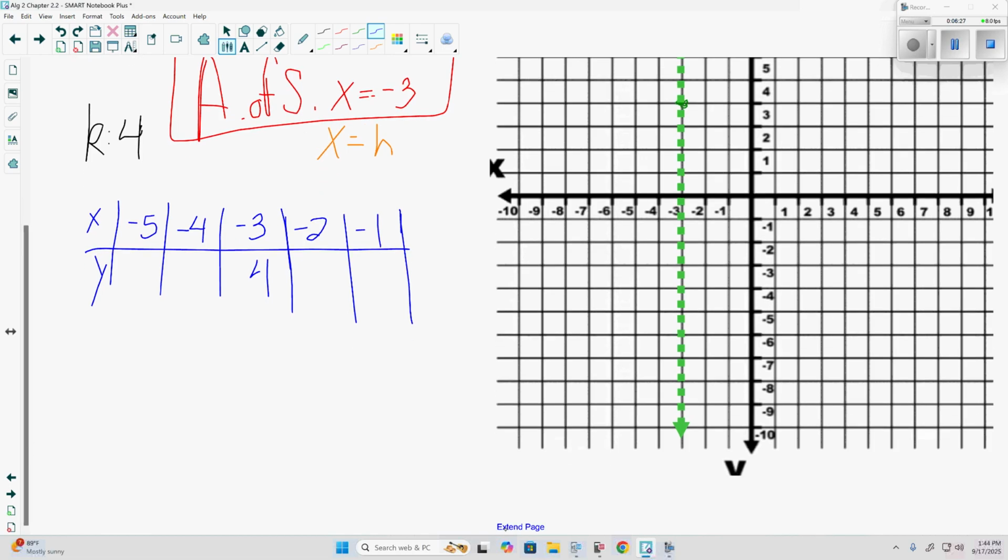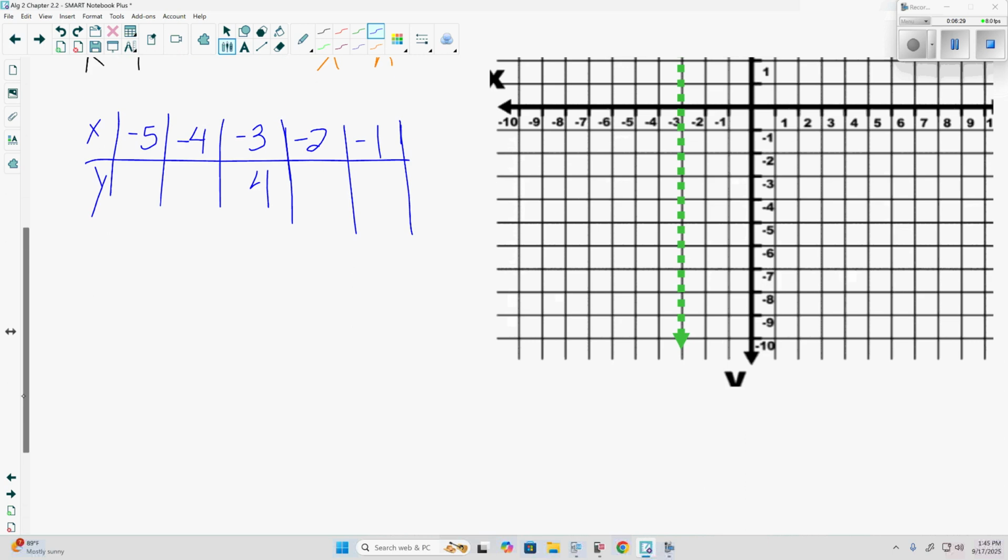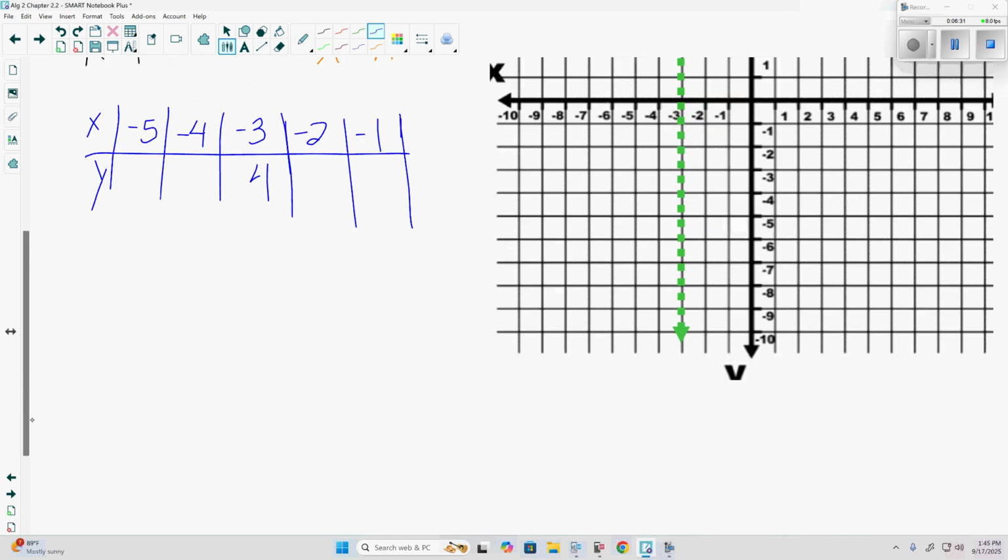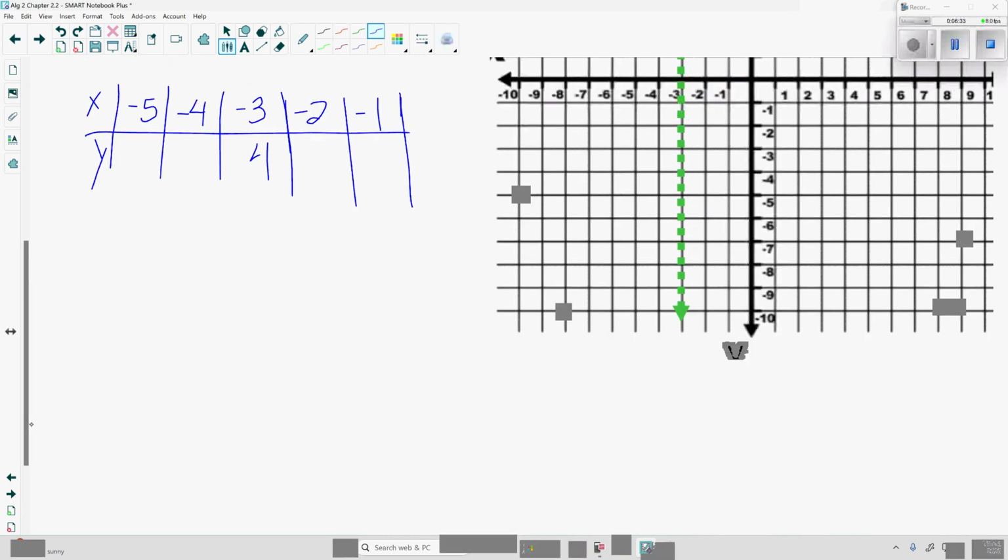Now to find the y values, we're going to take these values of x and plug it back into the equation and simplify to find the value of y. Now we can start with -2. So if I plug that into the equation, we'd have -2 times -2 plus 3 squared plus 4. We're just plugging that x value into the equation to find the value of y.